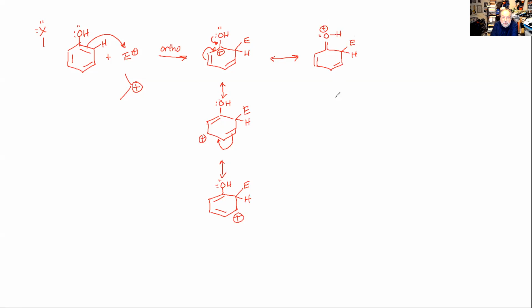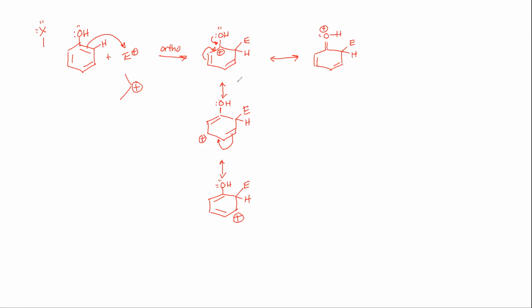So that we would get that 4th resonance structure. And it was that 4th resonance structure that made adding the electrophile to the ortho, and you would get the same thing for the para, the more stable intermediate. So that's why it added ortho and para to begin with.